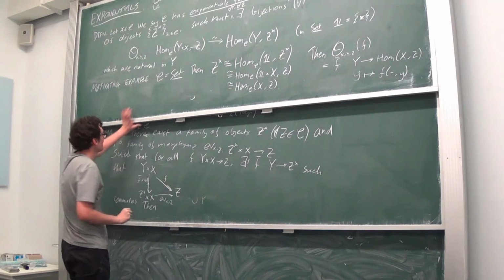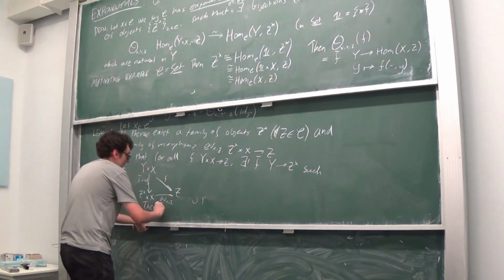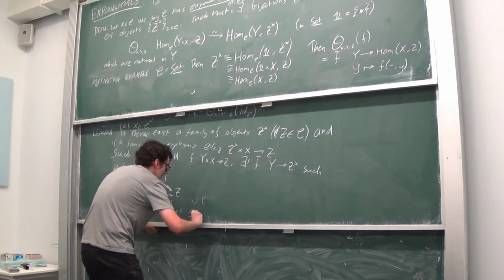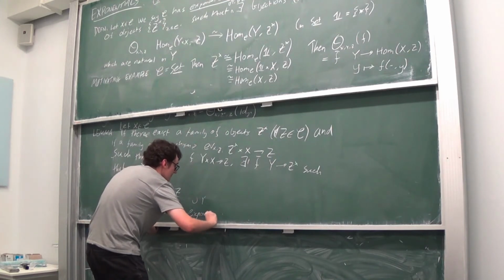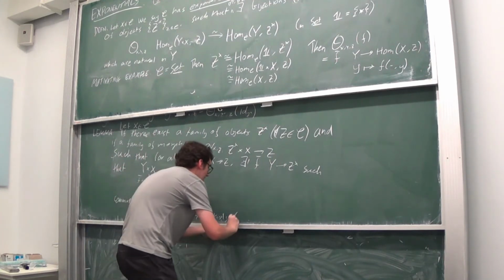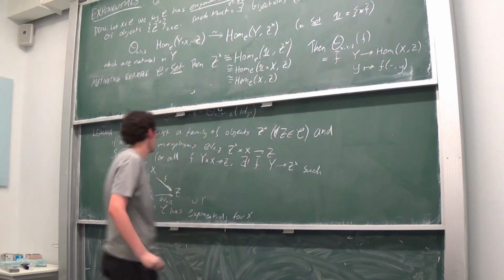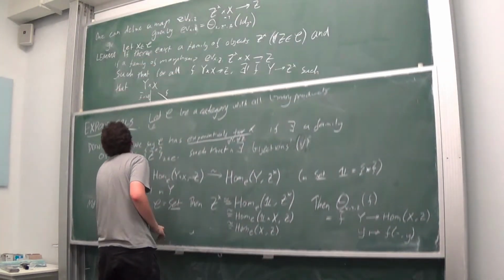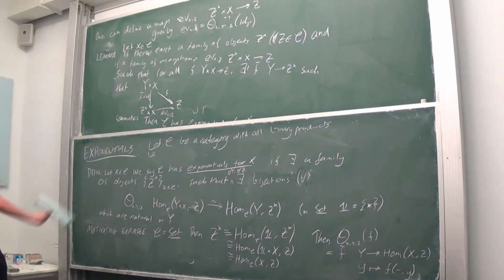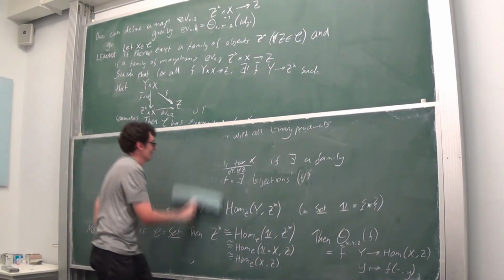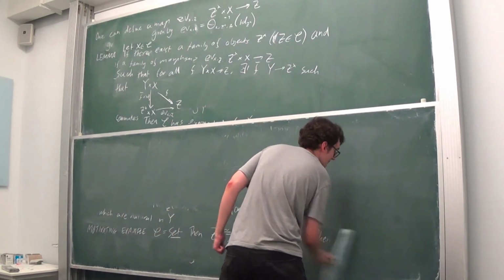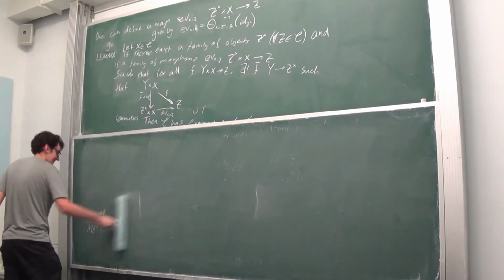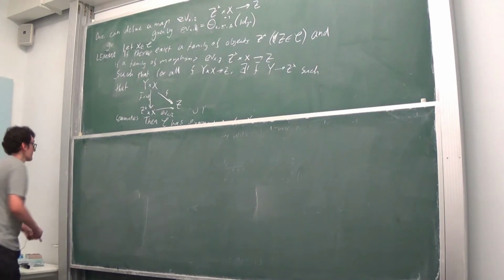Then C has exponentials for x. All right. Proof.